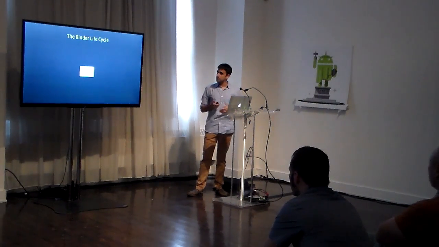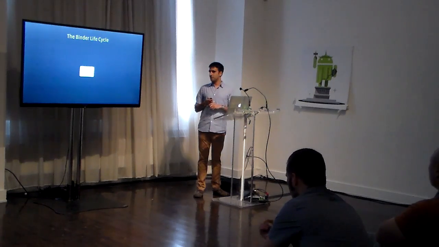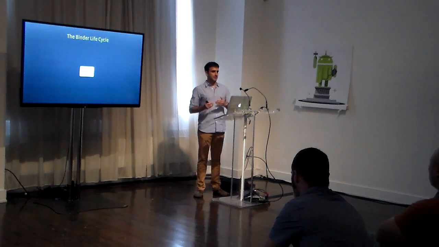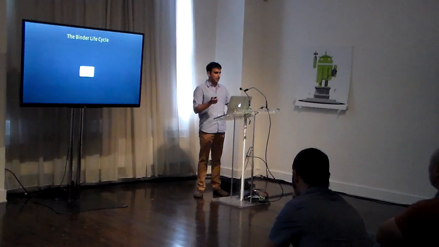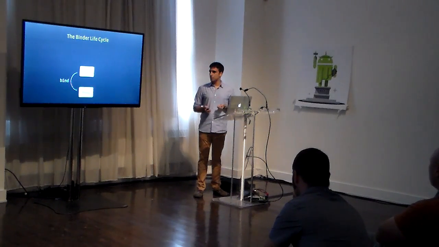So the binder, like a lot of Android objects, has its own nice life cycle, and basically you have your binder in the ready state, and once the correct item rolls into the viewport in your list view, the list view is going to find this binder, the right adapter, get it the right view, and then call bind.